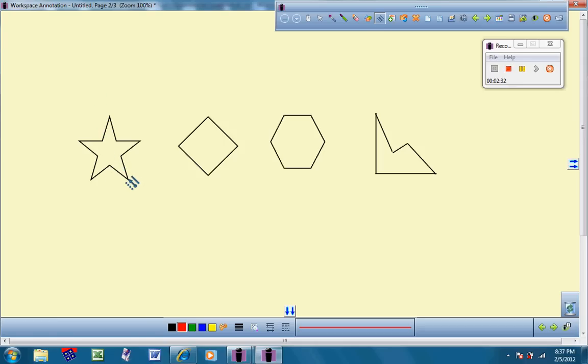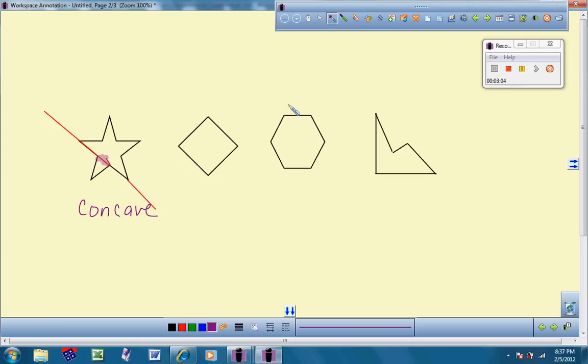Let's just say I want to extend this side of my star right here. And if I do that, we see that this portion of the line I extended is inside the polygon. So it is a polygon, but it's also considered to be concave.